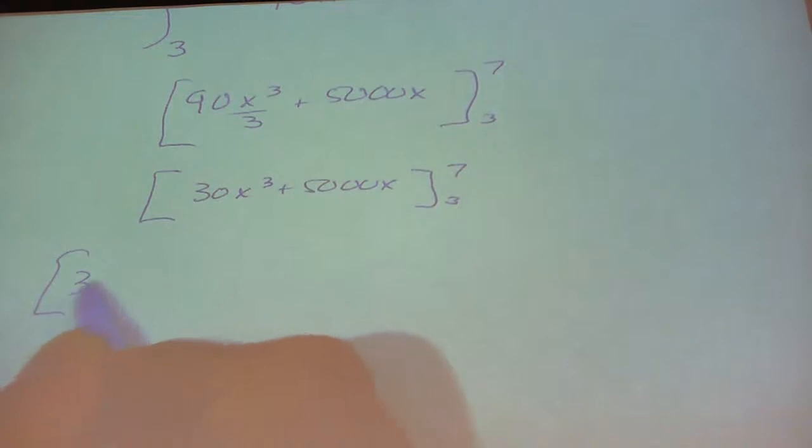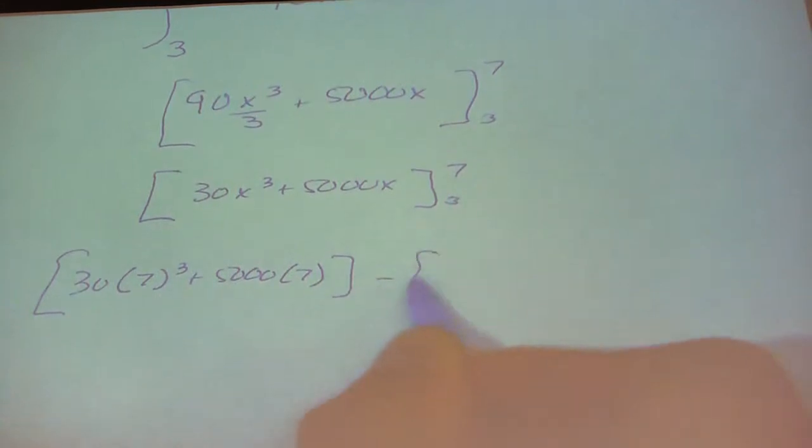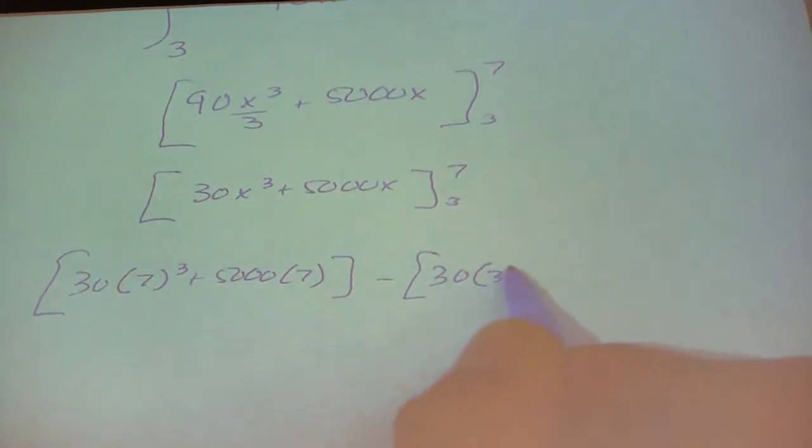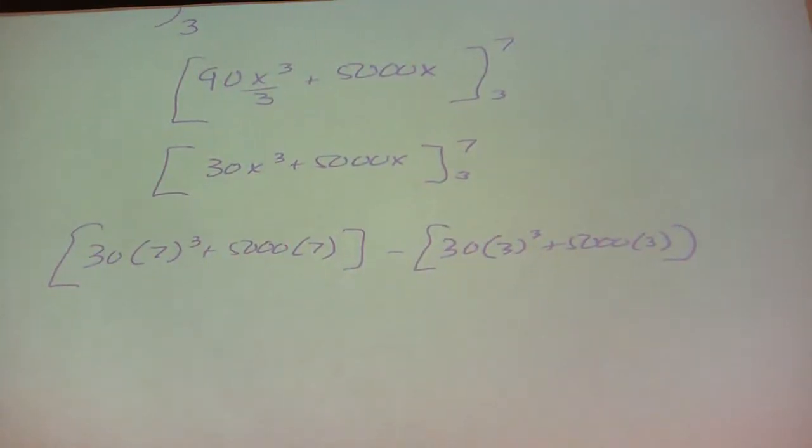Plug in the 7: 30 times 7 cubed plus 5,000 times 7, minus 30 times 3 cubed plus 5,000 times 3. Take out your calculator, type it in. Be careful typing it in. It takes practice to use your calculator.